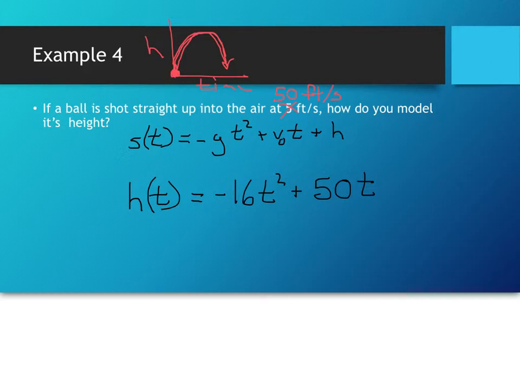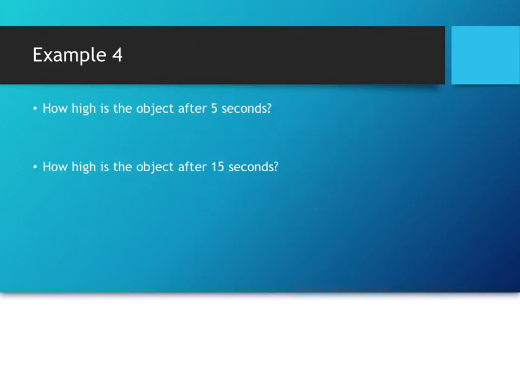And again, this is a very different way from coming up with it on our own. You know, here we looked it up on the internet, or hopefully you looked it up on the internet, or other ways of finding the equation. All right, so we have this idea, h of t is equal to minus 16 t squared plus 50 t.